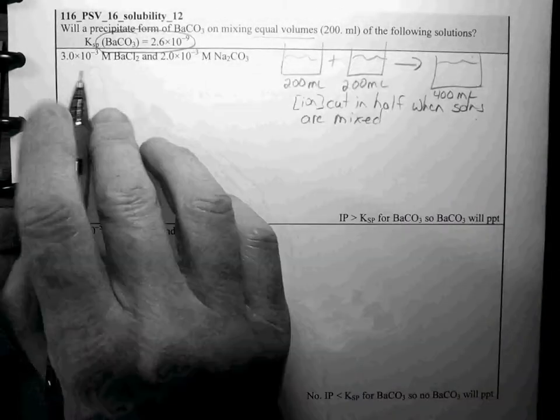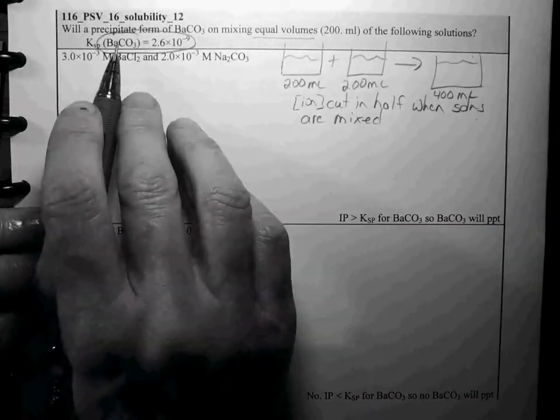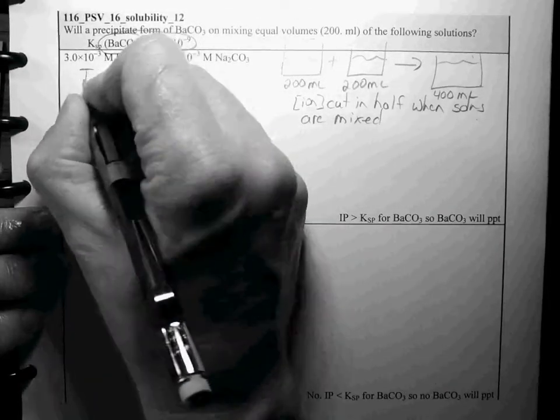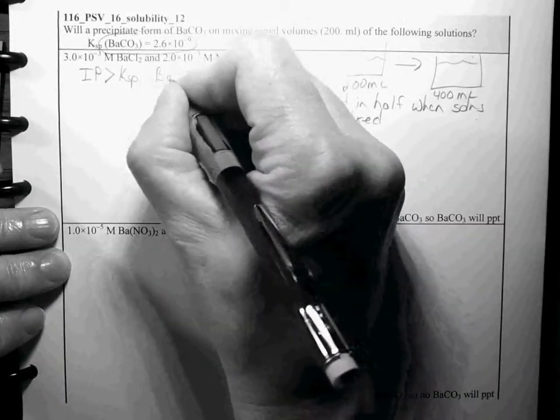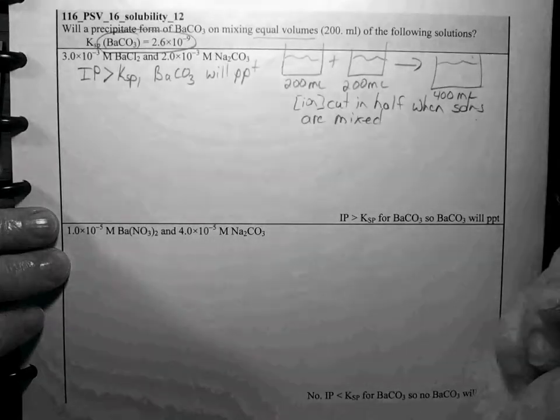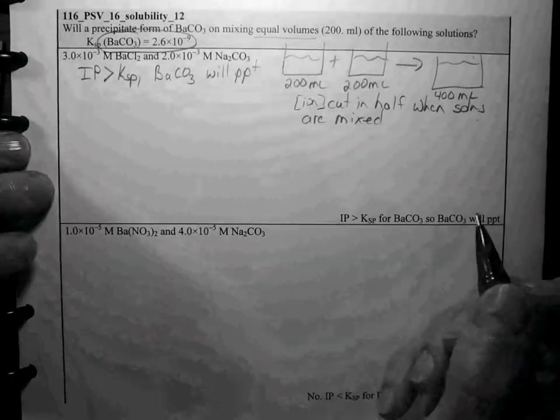So what we're trying to determine is whether or not barium carbonate will form, and it will if IP is greater than KSP, then our barium carbonate will precipitate. So let's calculate our new ion concentrations and calculate IP.